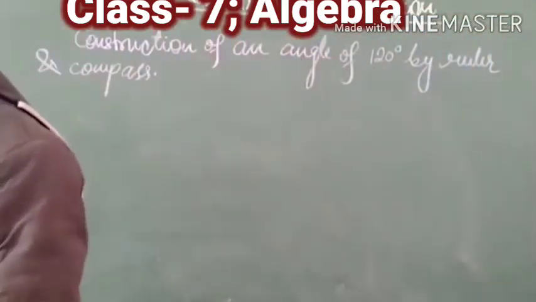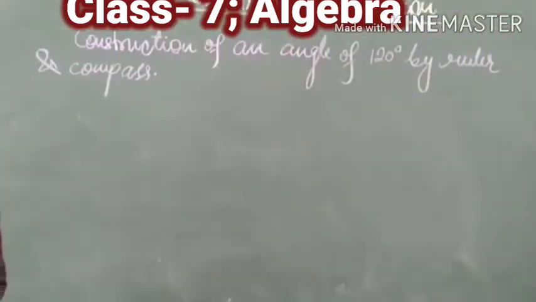Construction of an angle of 120 degrees using ruler and compass.